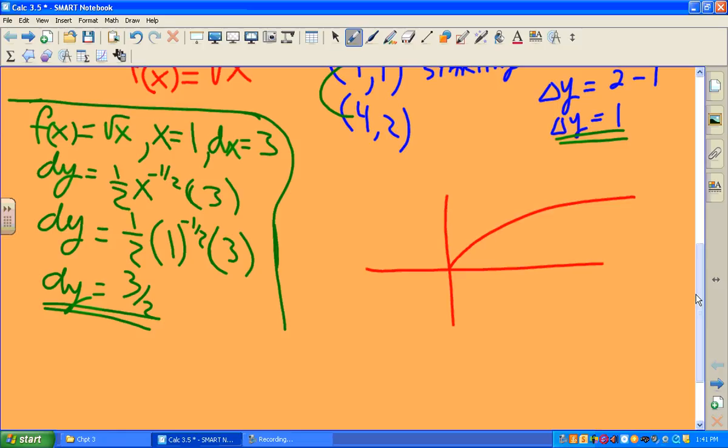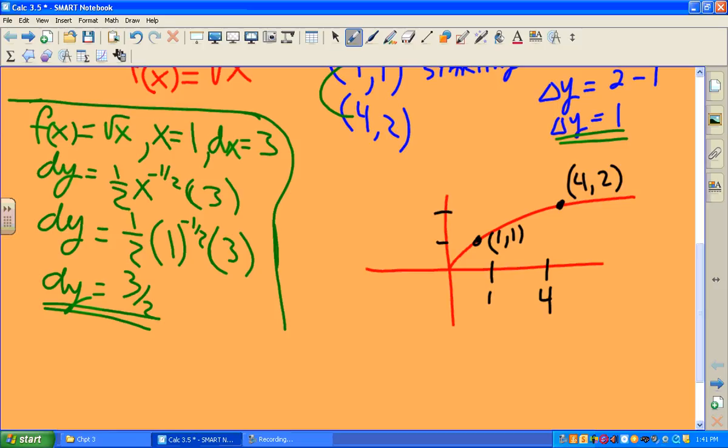You ready? This point right up here we said was (1, 1), didn't we? This point we said was (4, 2), didn't we? Here's the picture that goes along with the blue and the green ink. Everything has to have a picture, I hope.